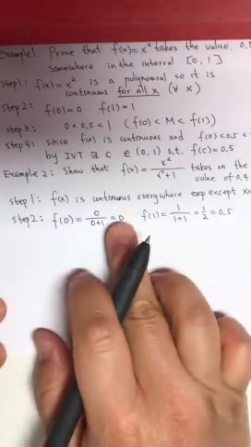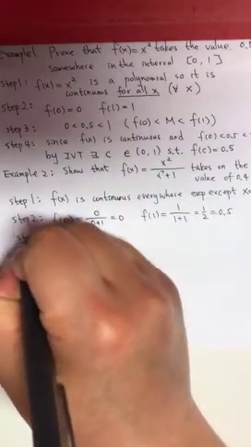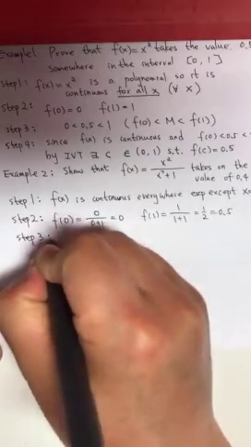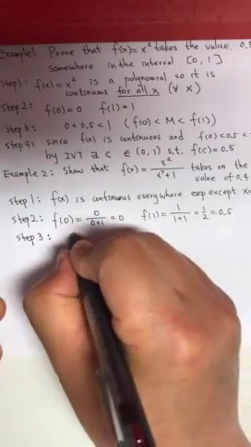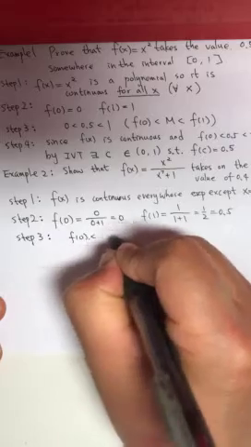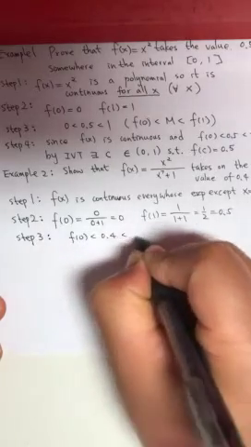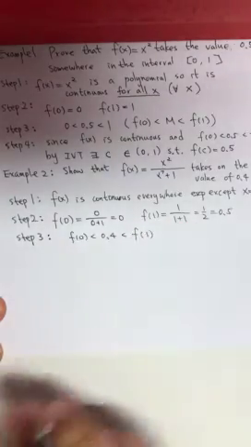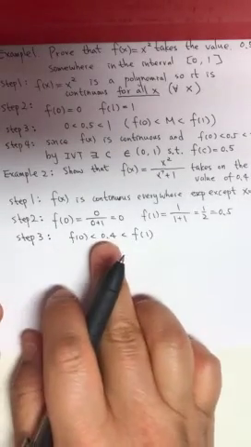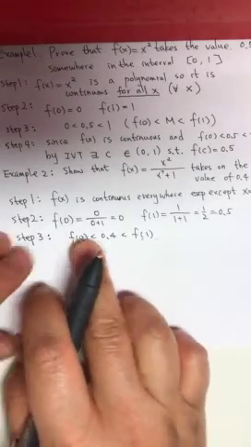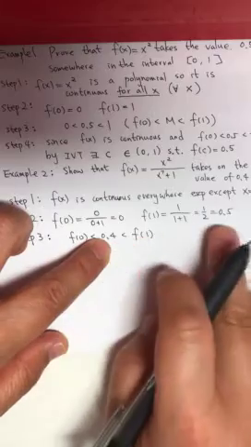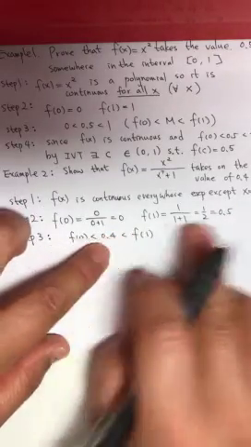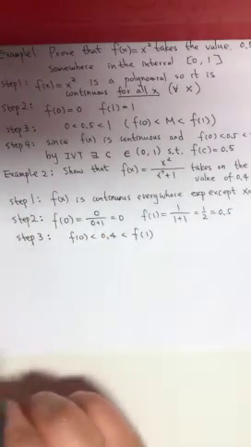So it happens to be 0.5. Step 3, we see that f of 0 is going to be less than 0.4, and then f of 1. So 0.4 is greater than 0 and less than 0.5 there.